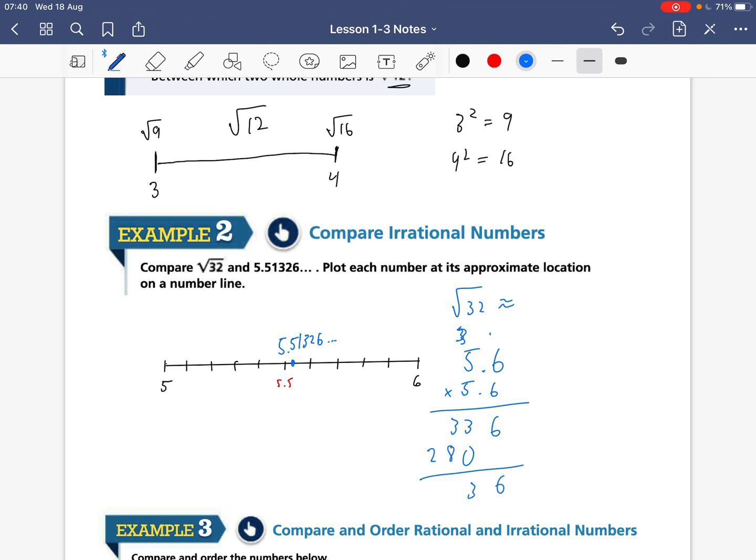So 6, 3, 1, 3. There we go. Okay, so 31.36. So it's approximately equal to 5.6.